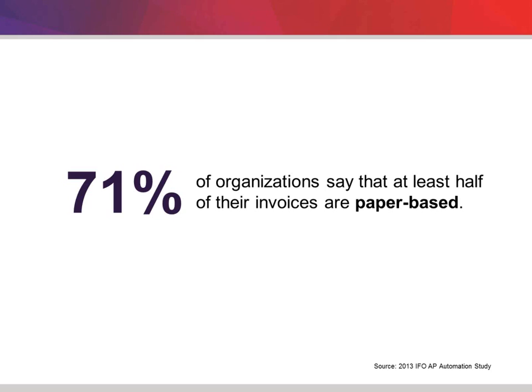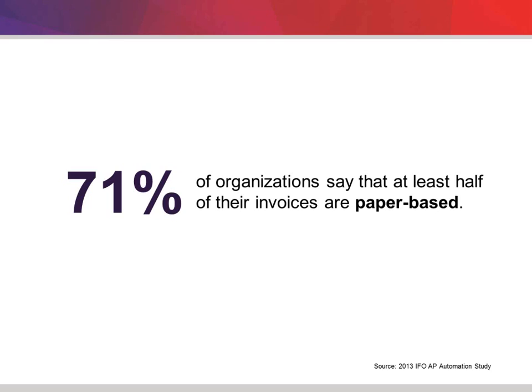In fact, this IFO study also showed that the plurality of respondents say it's costing their organizations $2 to $5 to process a single paper invoice. Now compare that to the plurality of the respondents who say it costs their organizations less than $2 to process an electronic invoice.